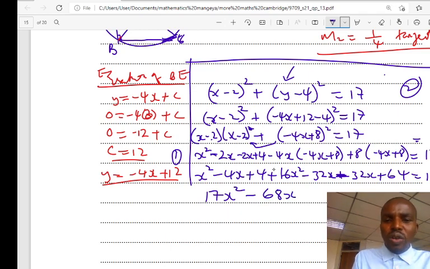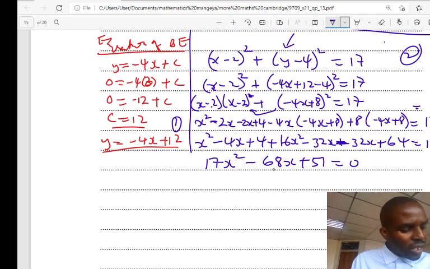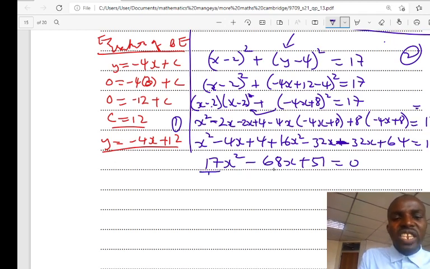Then 4 plus 64 minus 17, you get 51. Plus 51 is equal to 0. Like this. There's a common factor 17. 17 can get into 68: 68 divided by 17, yes, 4 times. So it divides everything by 17. For 51, it can get there too.